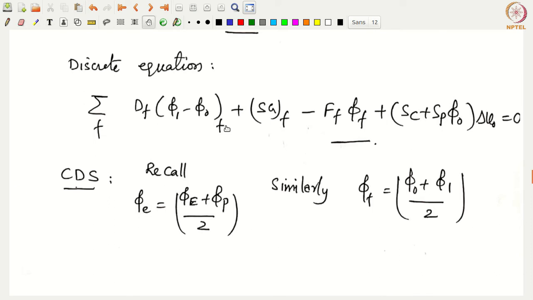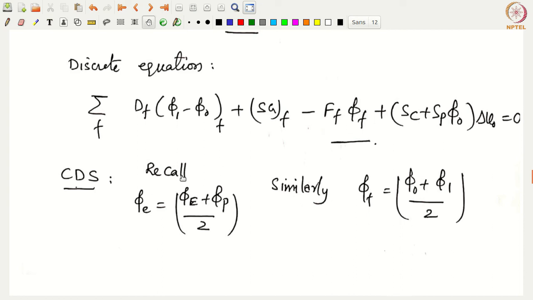Now, just like what we have done in the structured mesh case, we have to apply a particular discretization scheme for our convective term. Our convective term is basically Ff times phi f. Now we need some kind of profile assumption or some kind of value for our phi on the face f.